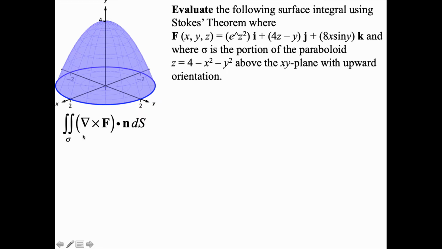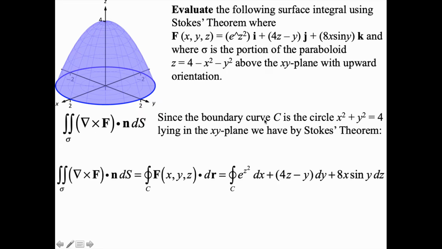And here's the double integral, the right side of Stokes theorem. But since the boundary curve C is this circle, if we were jogging counterclockwise about this boundary circle, our head would be pointing upward in the same direction as the positive orientation, the upward orientation that we were given with regard to this surface.